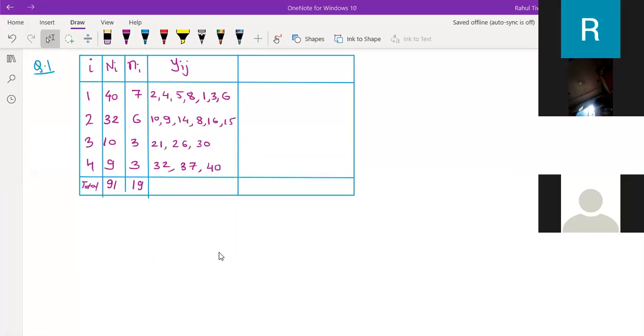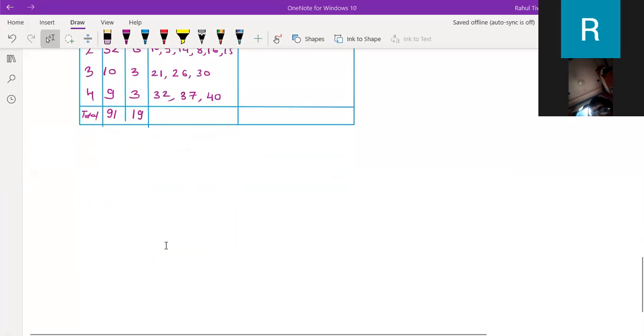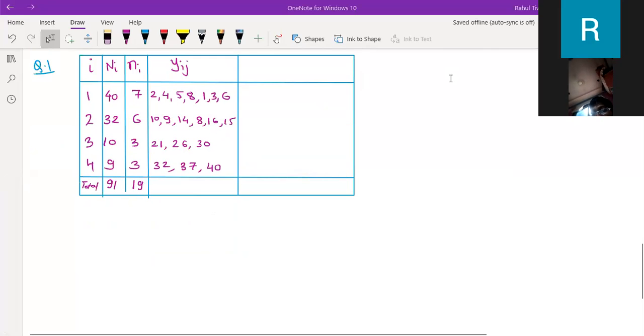We know that the unbiased estimate of. I'll leave some space here, because if I create more columns side to side of this table, then the table goes very far away.